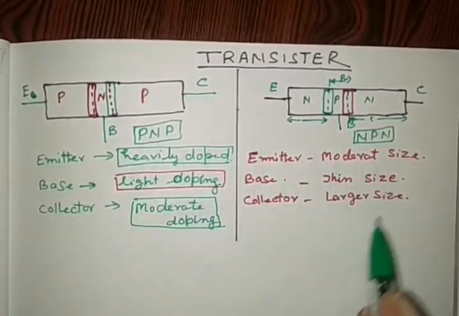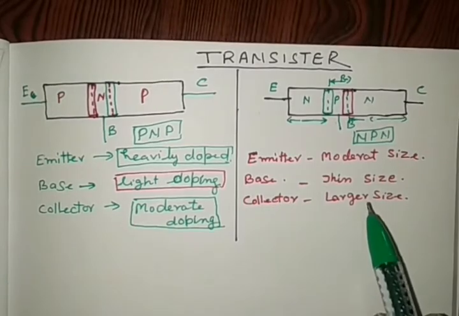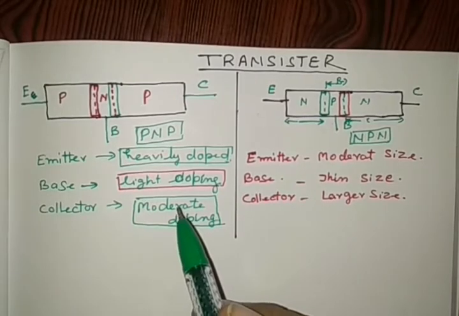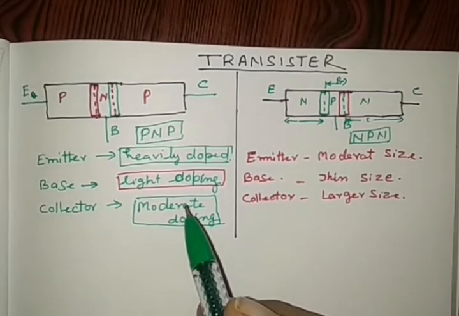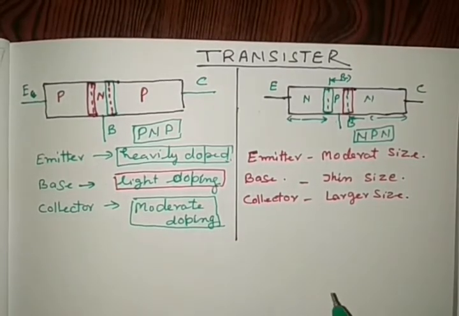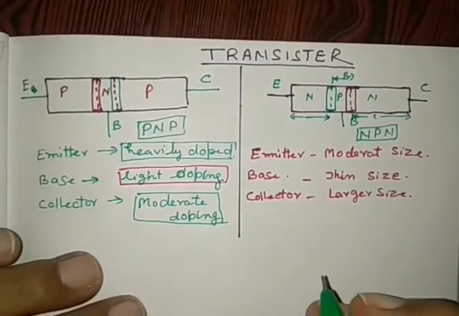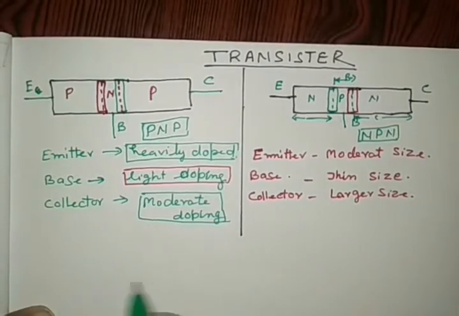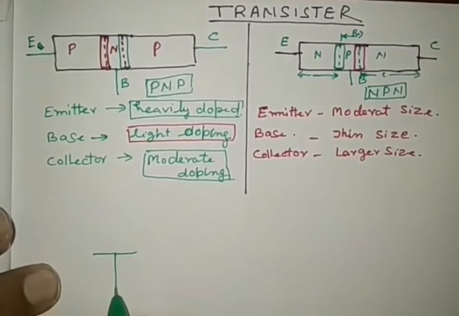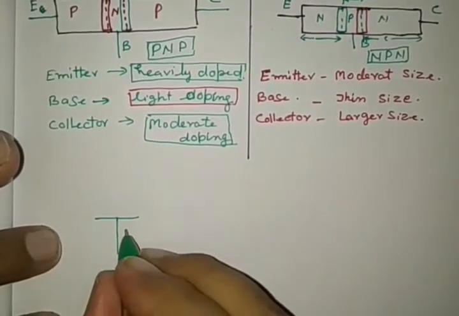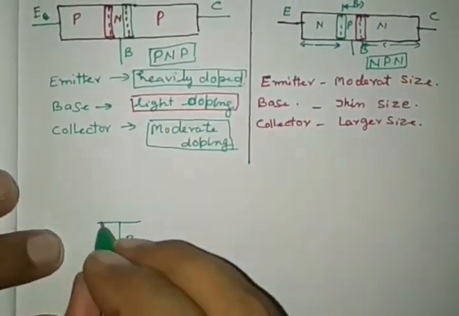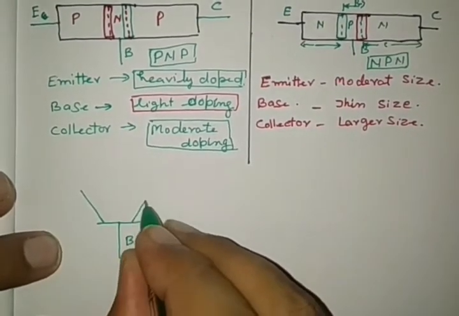So this is how the material of P and N type is taken, and what their size will be. Now, how is it represented in an electronic circuit? See the symbol here. To represent the PNP type, first make a T shape. This is called the base. From the base there are two terminals, so make two terminals.